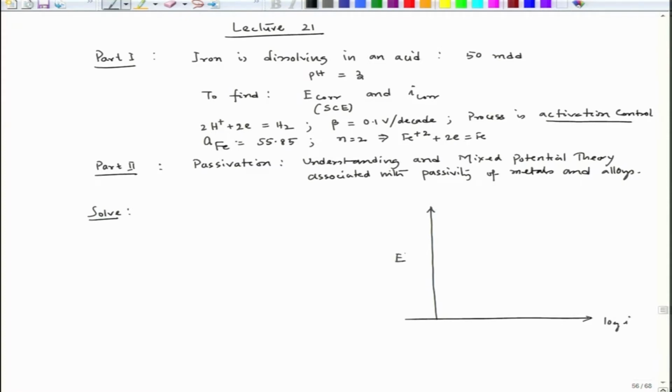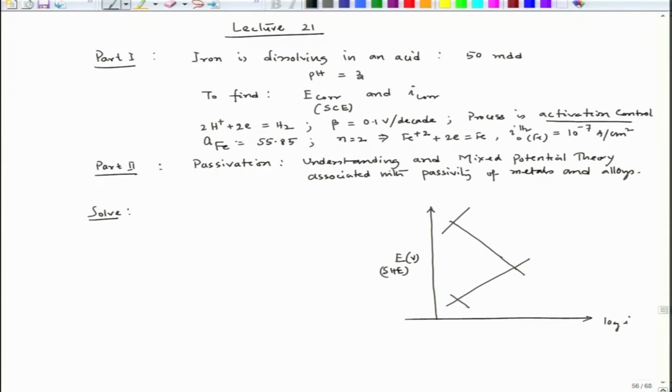Now, let me draw everything with reference to the standard hydrogen electrode, and since hydrogen ion reduction is the cathodic reaction, we can have the mixed potential diagram like this. And one more data that is missing is I0 for hydrogen over iron surface equal to 10 to the power minus 7 ampere per centimeter square.